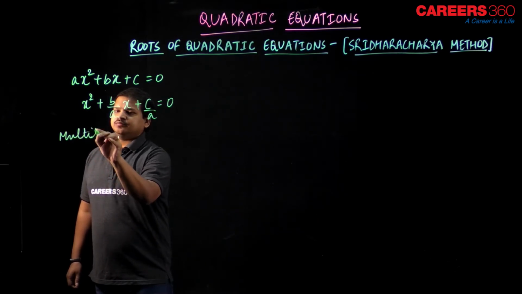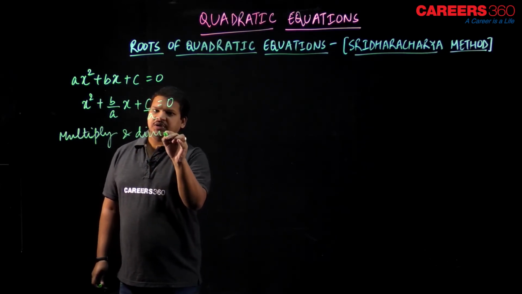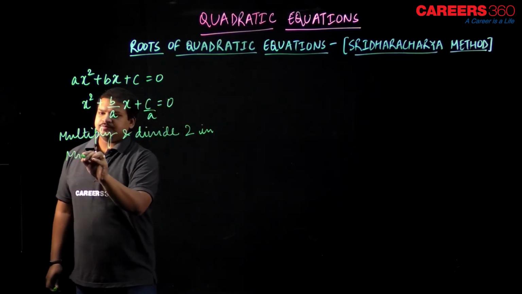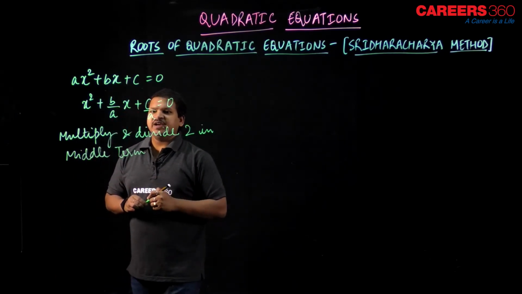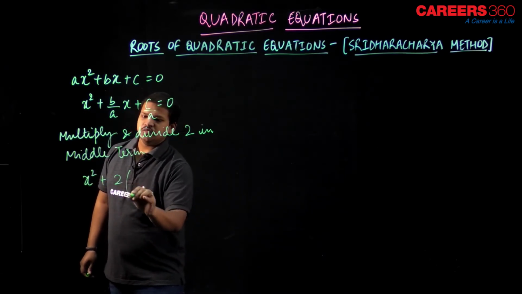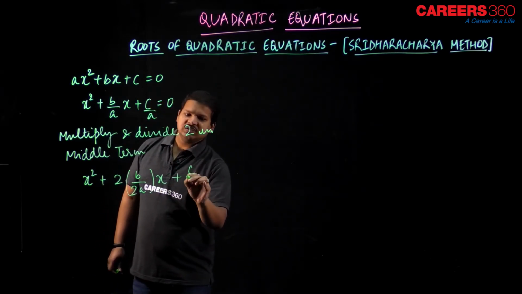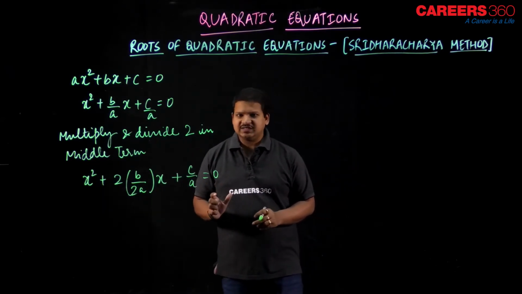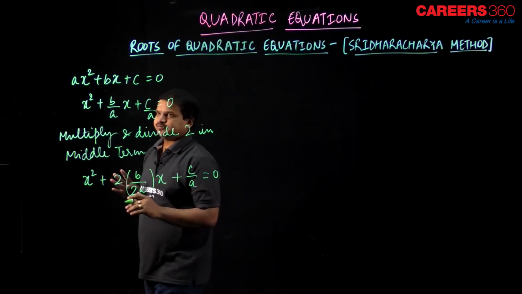So x square plus 2 b upon 2a into x plus c upon a is equal to 0. See, somehow we have to get the value of x, right, and that is what I am trying to achieve easily from here.